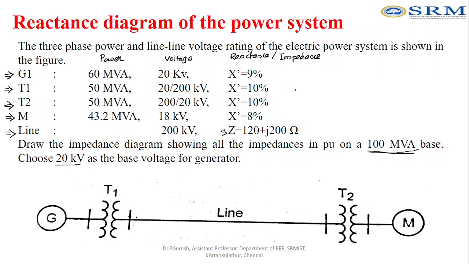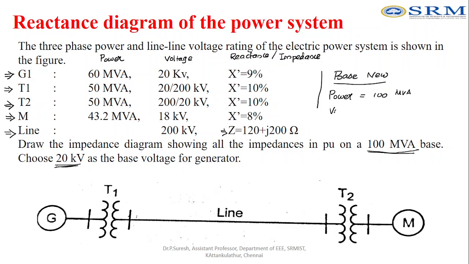Now we are going to change the base, and the base power is taken as 100 MVA, base voltage should be taken as 20 kV. So we have to take the base values. Base values are nothing but the new values of bases. So the new value of power is given as 100 MVA. This is the new power.